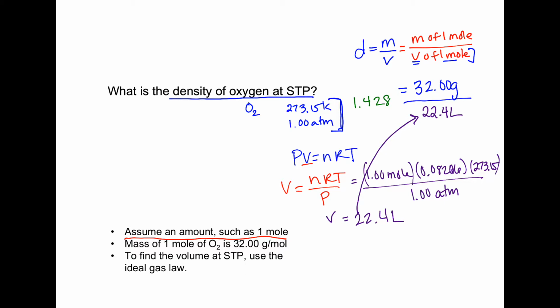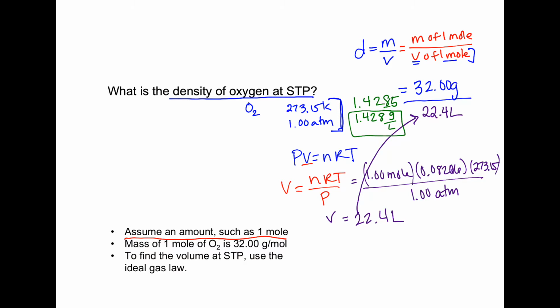I'm thinking probably 4 sig figs there, so rounded to 4 sig figs, this would be 1.428, and the units are grams per liter.